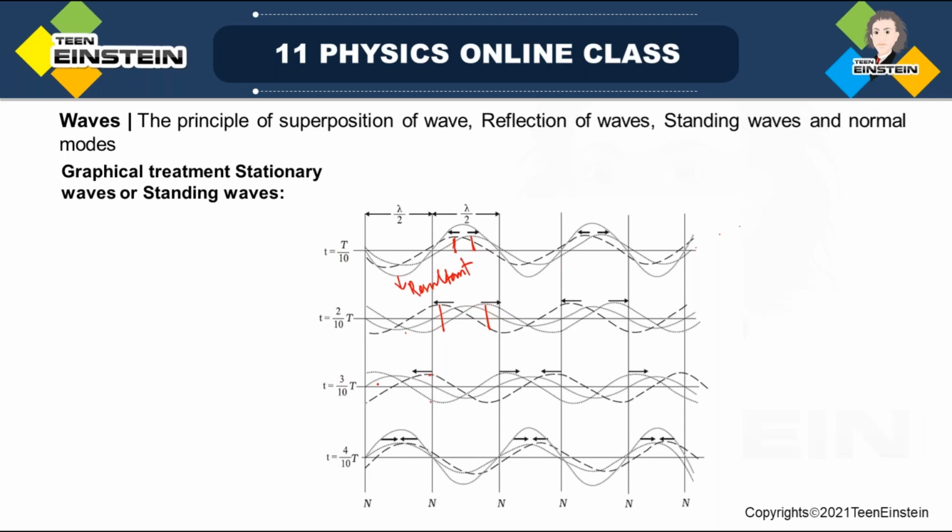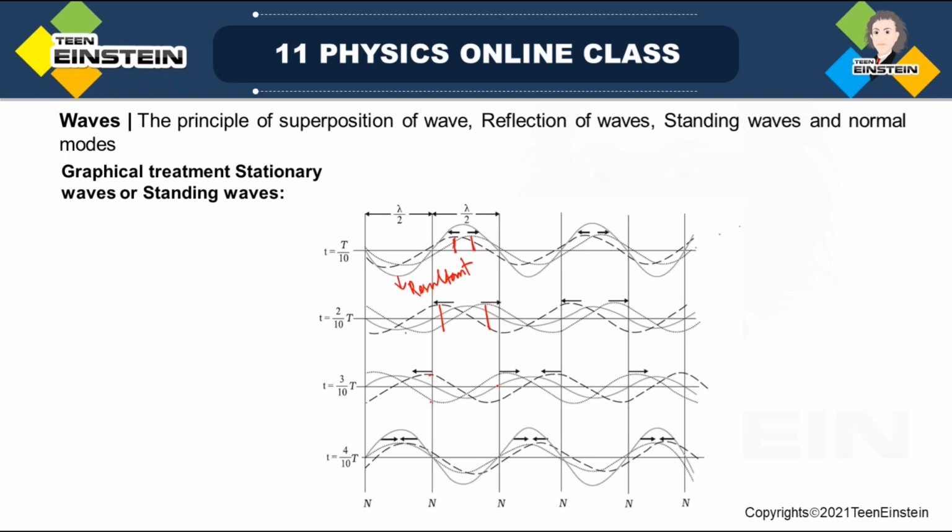Now you come to this time, when the time is 3t by 10. This time you can see these are going in opposite phases, but still not exactly 180 degrees out of phase. That's why you can see some places where amplitudes are less and some places where amplitudes are more.